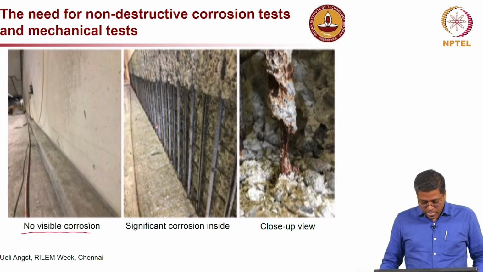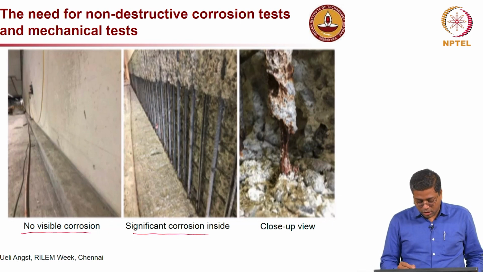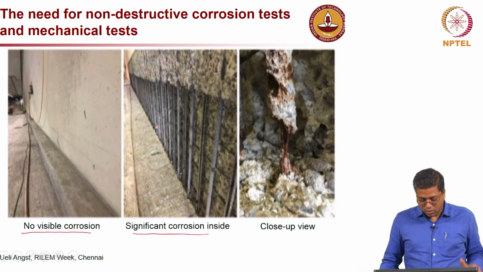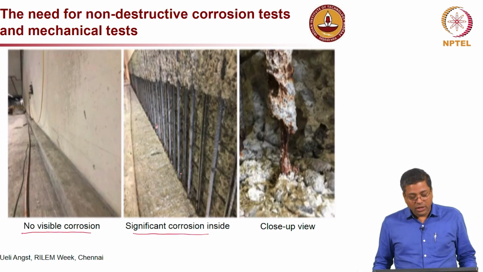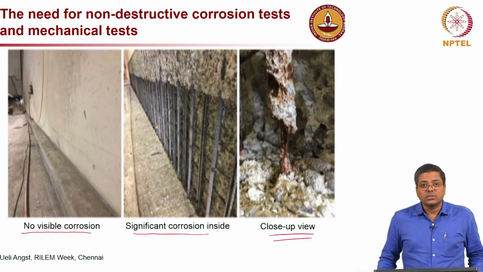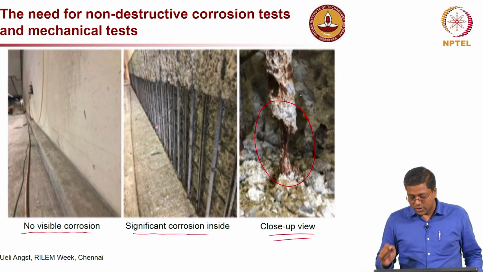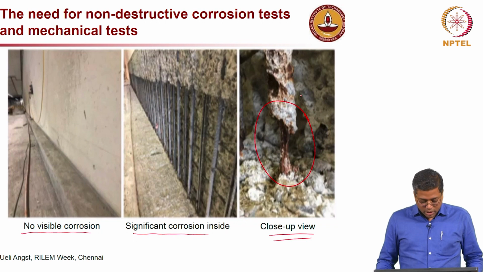The same wall, after removal of the concrete cover, was found to have significant corrosion on all these exposed rebars. The third photograph is a close up view which very clearly shows significant corrosion, almost nothing left in that particular rebar.